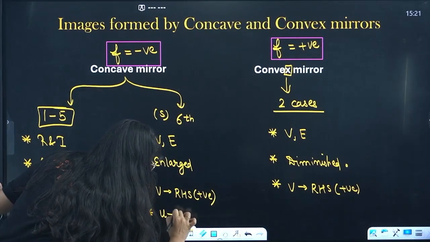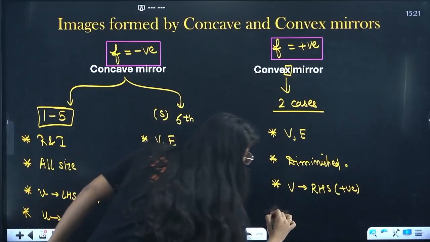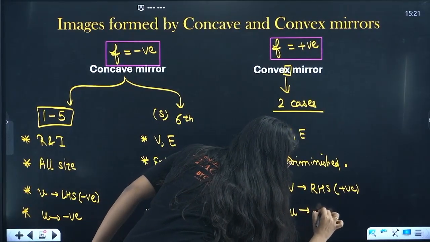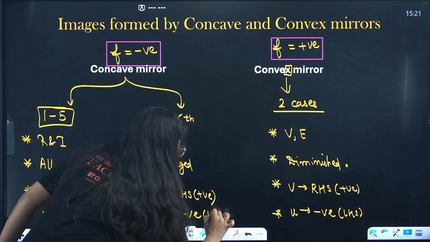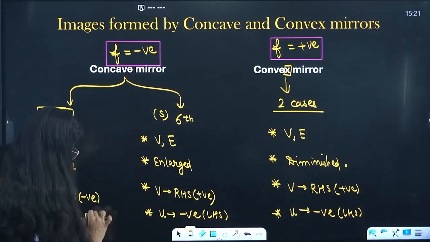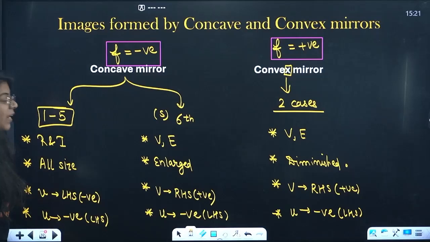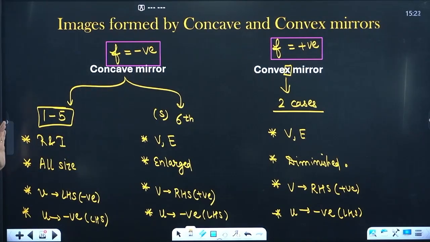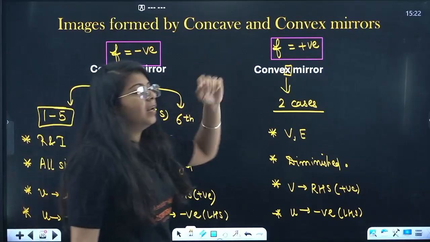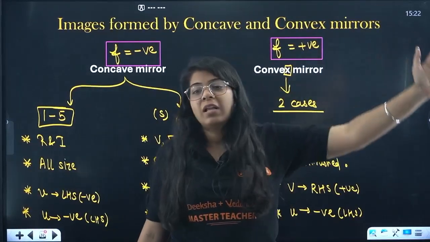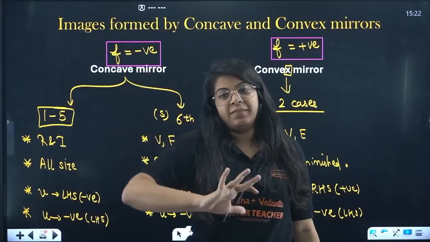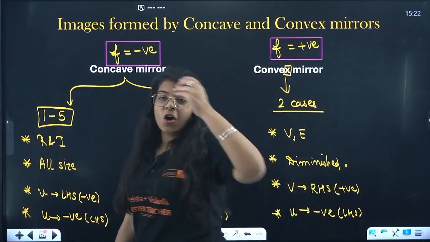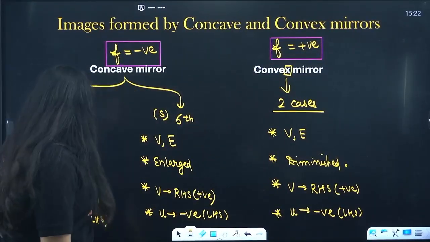Your U is always negative because it is always placed on the left hand side. Now I can guarantee you that this is the only slide you need to do any kind of numerical in your whole class 10th. This is the only slide you need. Okay, done? Okay beta, let's move on to the very next thing.